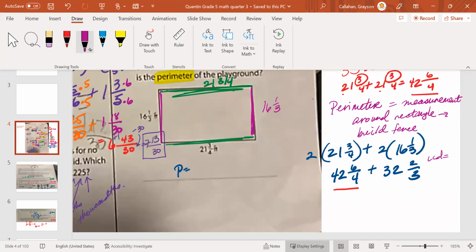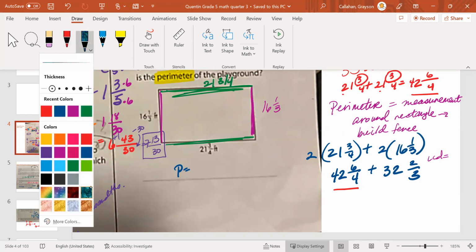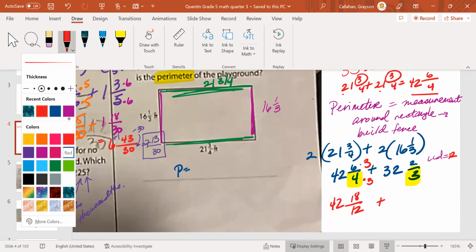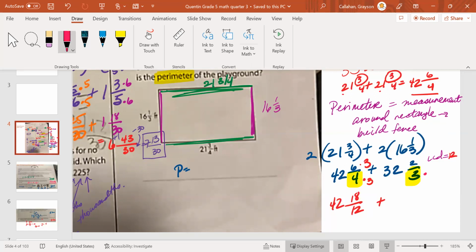What's your lowest common denominator here? Between 4 and 3. If you're ever not sure, you can always multiply the two numbers together. Yeah, 12. So I multiply this one by, you go ahead and work on that. I'll work on this one. You can do it yourself. You do the work yourself.